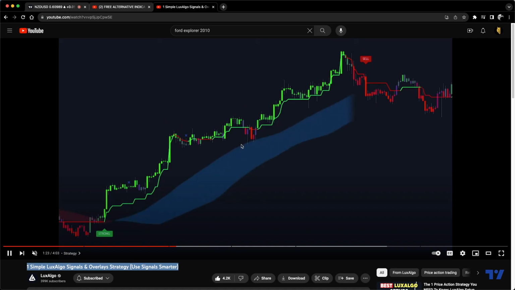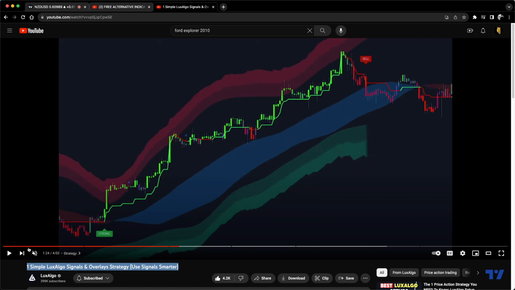I'm going to play it, and you can see he is using one indicator, these channels, which have different names, but he called it the reversal channel. Basically, when the price touches that zone, it's supposed to reverse. Not all the time, but he has a strategy for that.